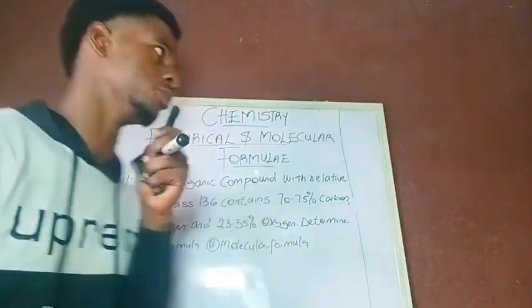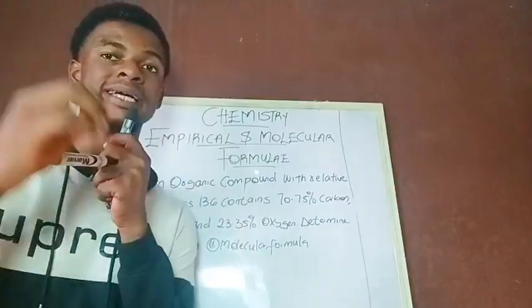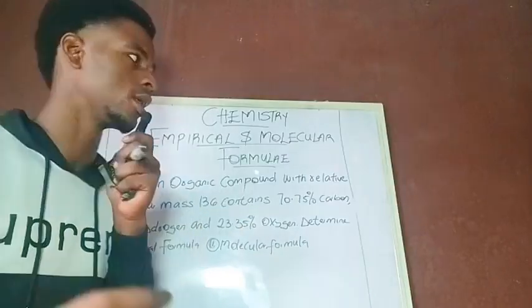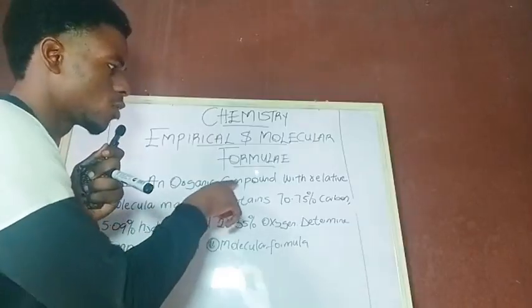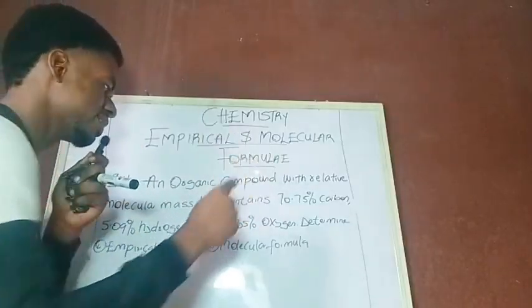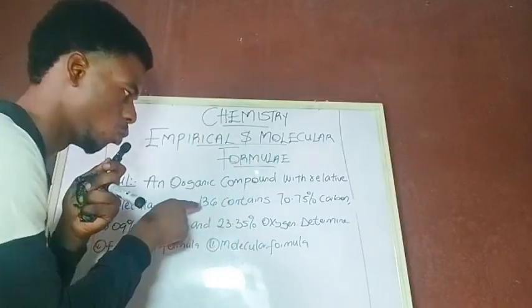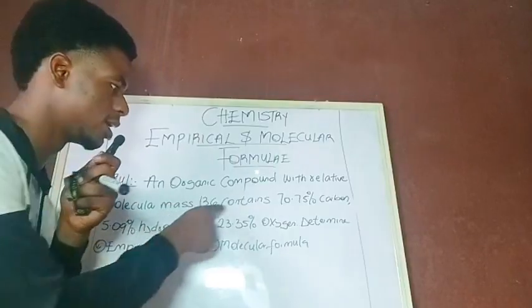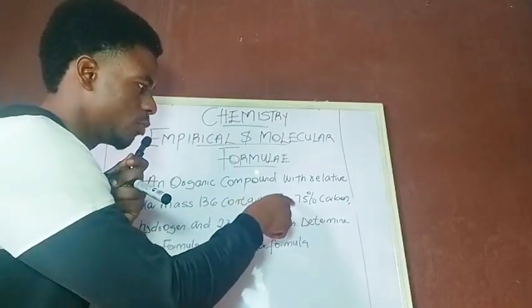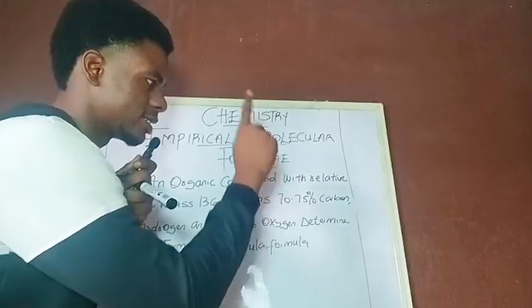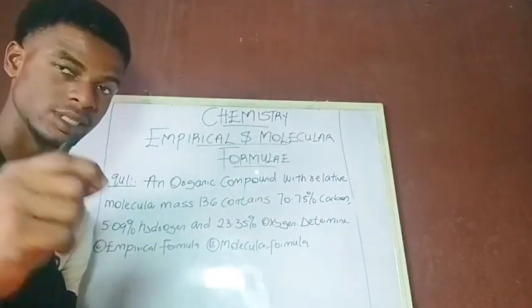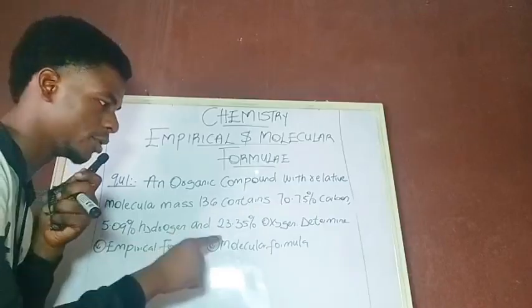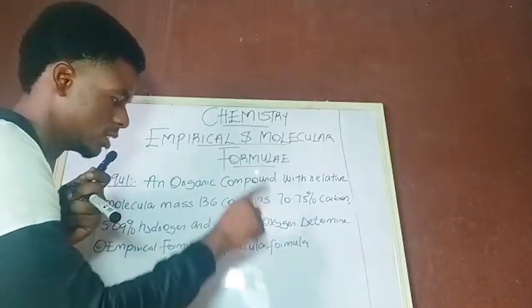Now, in today's video, we'll be looking at empirical and molecular formula. Now, there is a question given to us. They said an organic compound with relative molecular mass 136 contains 70.75% carbon, 5.09% hydrogen, and 23.35% oxygen.